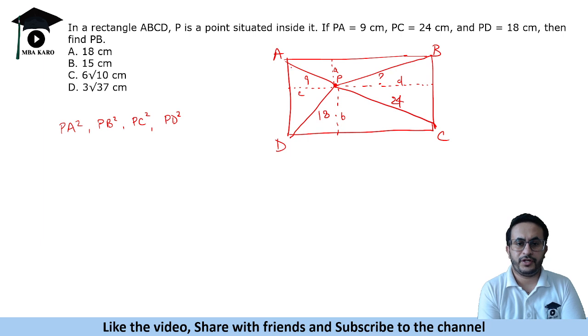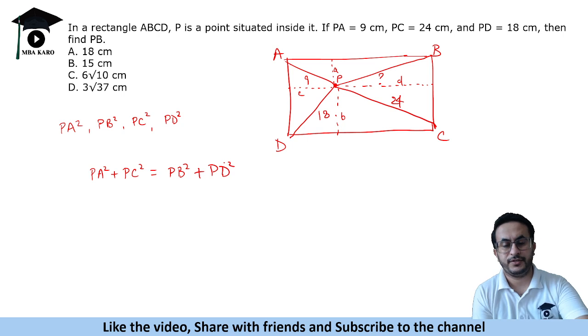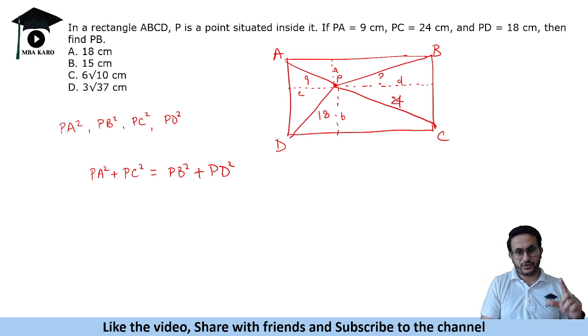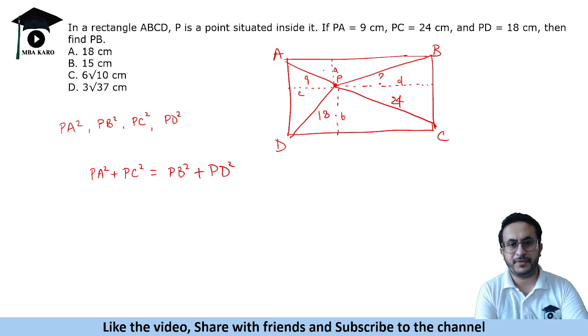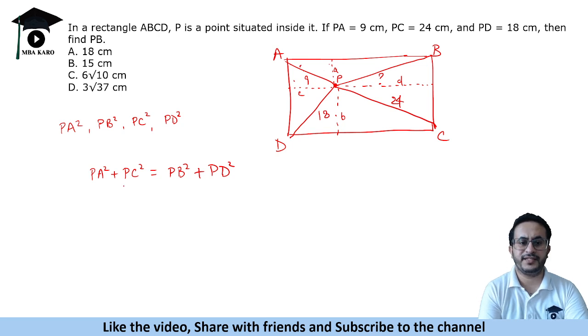So the theorem says that in this case PA square plus PC square is equal to PB square plus PD square. You need to know the result. Derivation you can do on your own. I have given you the hint, I have drawn 4 perpendiculars. Use Pythagoras theorem and find it. For example, PA square will be a square plus c square. Likewise you find for all and you will get this relation.